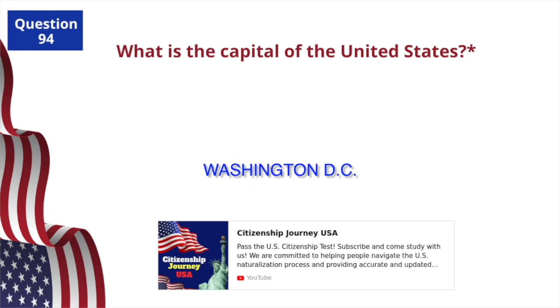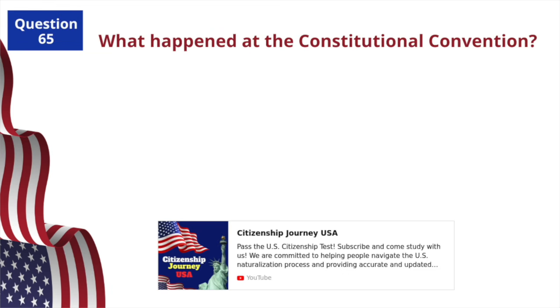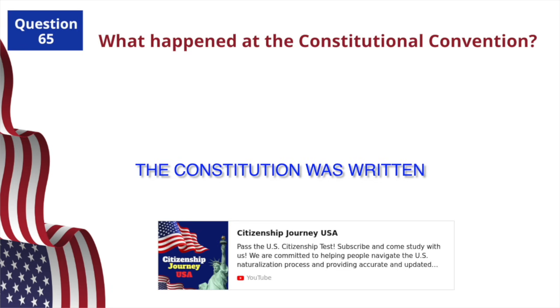Washington, D.C. What movement tried to end racial discrimination? Civil rights movement. What happened at the Constitutional Convention? The Constitution was written.